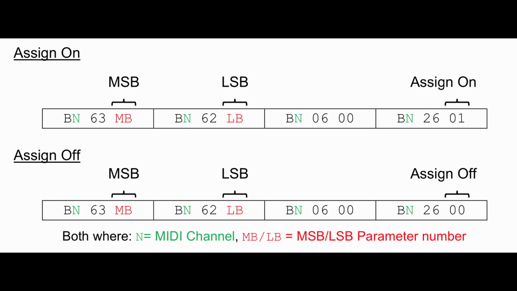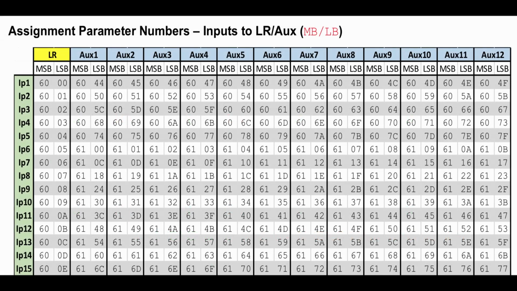We only have to pay attention to our MSB and LSB. Those are the letters in red. And to find the ones that apply to us, we have to look in the MIDI protocol at the assignment parameter numbers table. You can see every input channel can be sent to the mains and to all of the auxes, and each of those routings has two numbers, an MSB and an LSB.